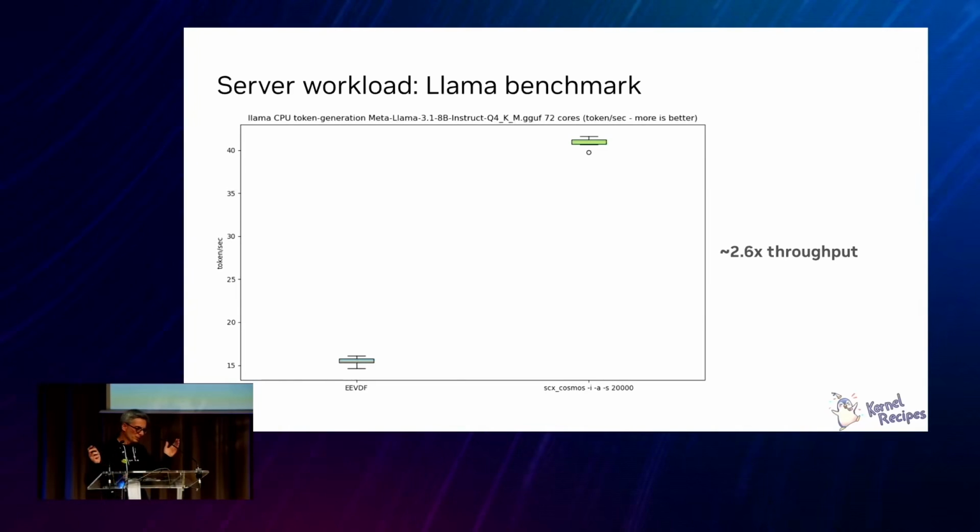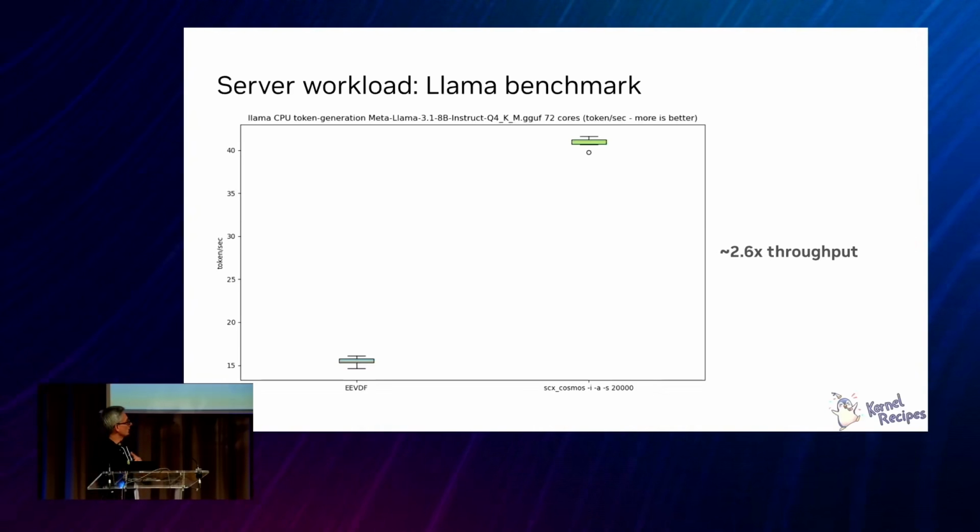Of course, this is always my biggest disclaimer: don't expect to grab a random SCHEDEX scheduler, deploy it in your system with your workload and magically get these numbers. It's not going to happen. Usually you get way lower than that. Actually, in general, you get less than the default scheduler, because this is all about specialization.